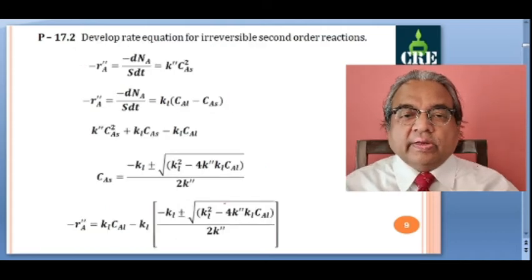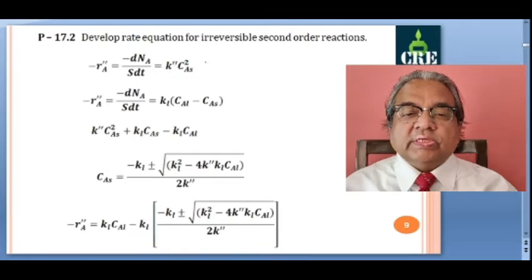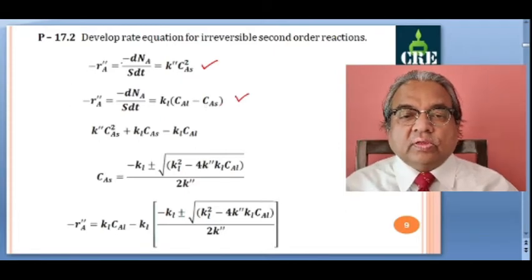Next problem, here we have to develop rate equation for irreversible second order. So instead of K double prime CA, we have K double prime CAS squared, second order rate law. We are considering here the liquid film. So KL into CAL minus CAS is the gradient. So we have the rate equation, kinetic equation, and the mass transfer or diffusion equation.